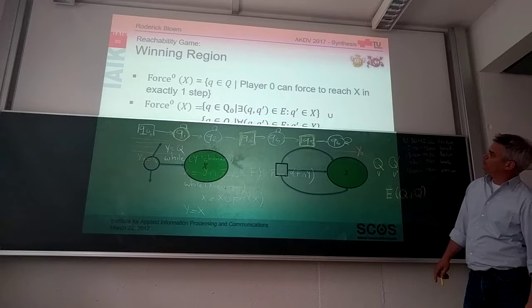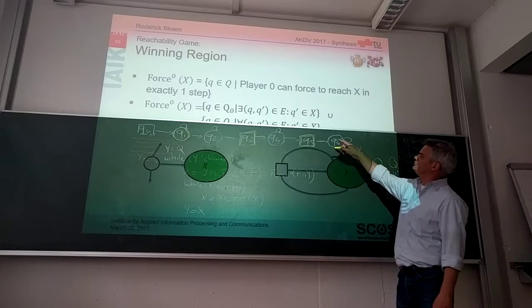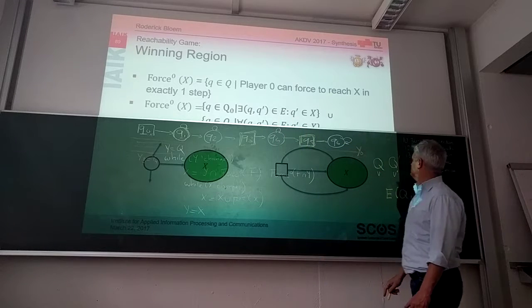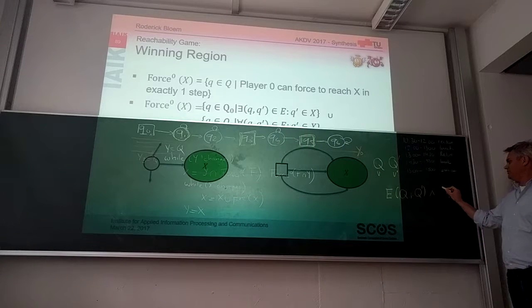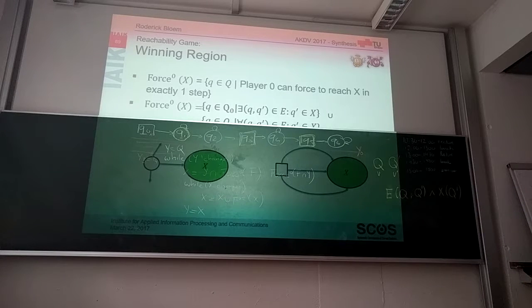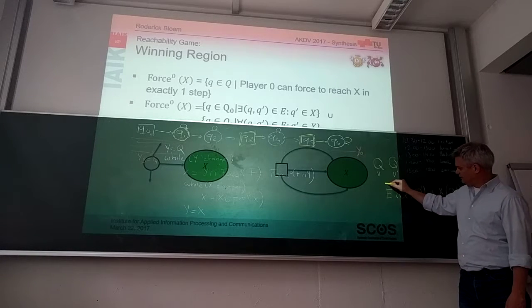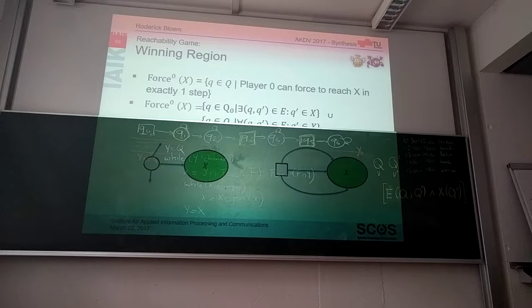Now let's look at the first part. You want to compute if there is an edge to X. Then you take X, and this is also a formula. You have to make sure that this is a formula that talks about the places that the edges go to. If you take the AND of this, then what you get are all the edges that end in X. And you don't care about the end points of the edges, you care about the beginning points of the edges, right?